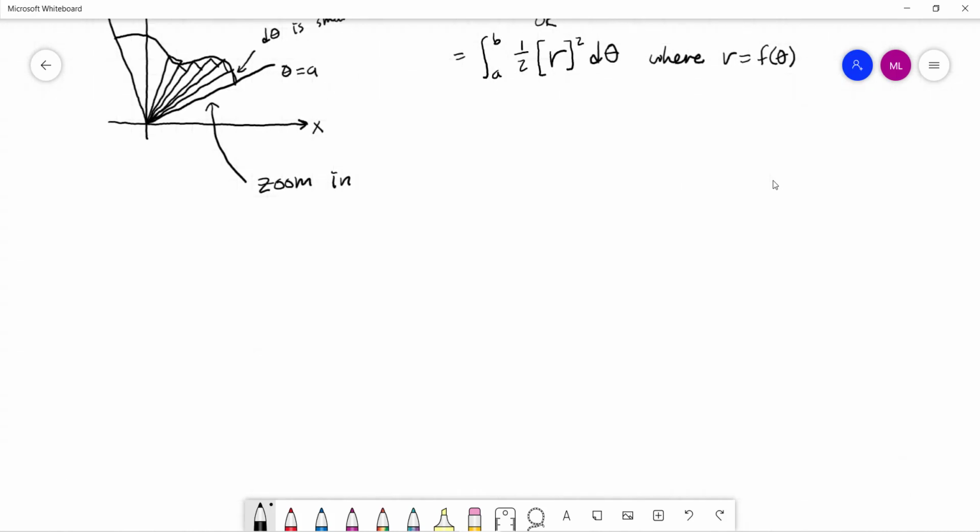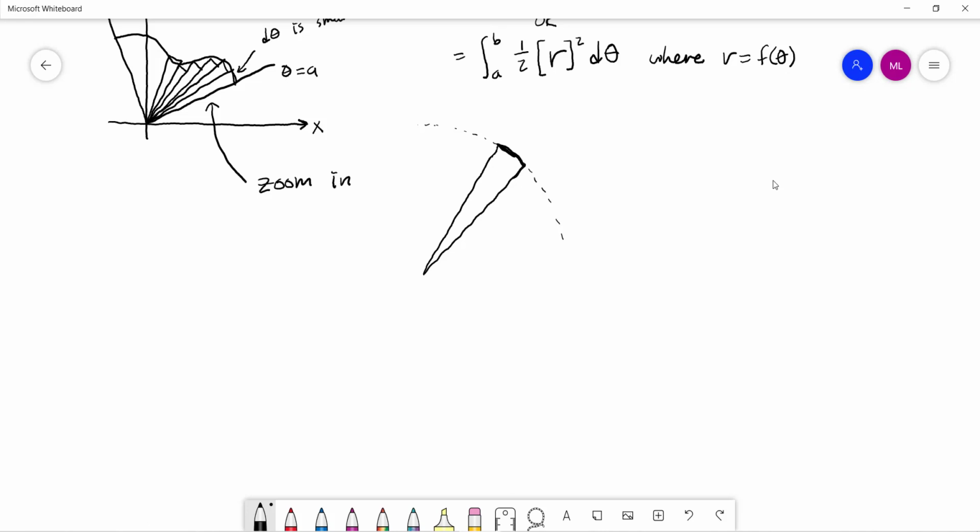what we're essentially doing is representing these as little sections of circles. I want to treat each one of these slices as a little section of a circle. So these are the shapes that I'm trying to use, some tiny little section of the circle.